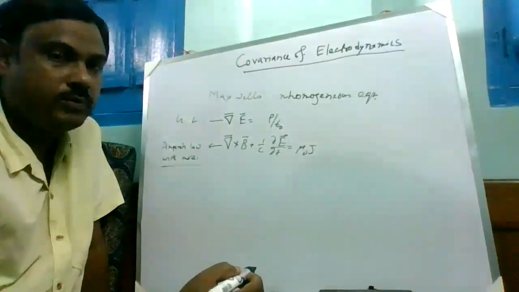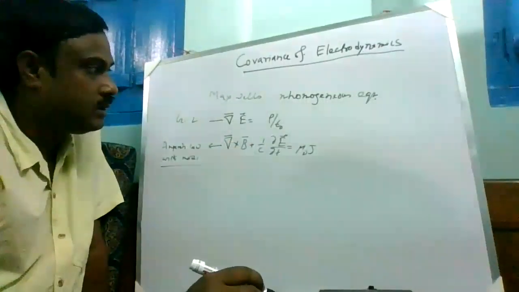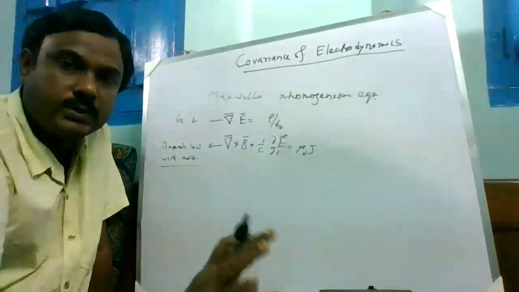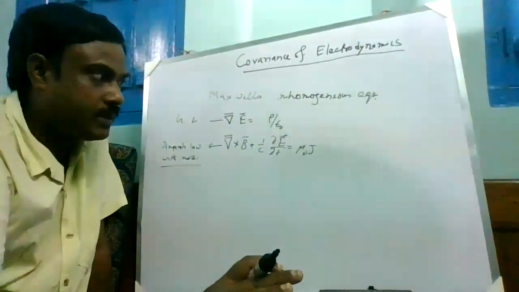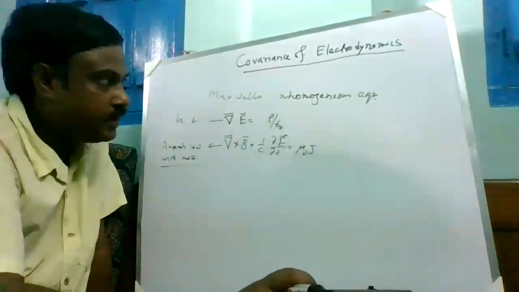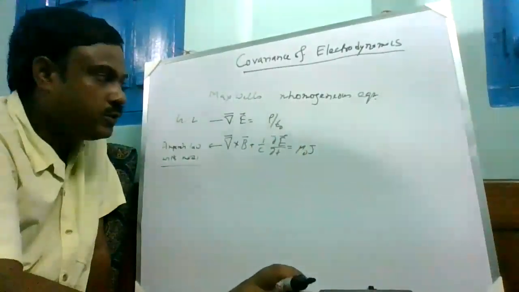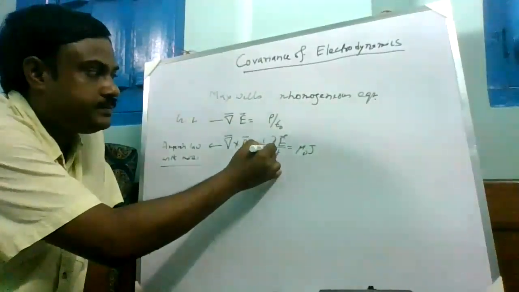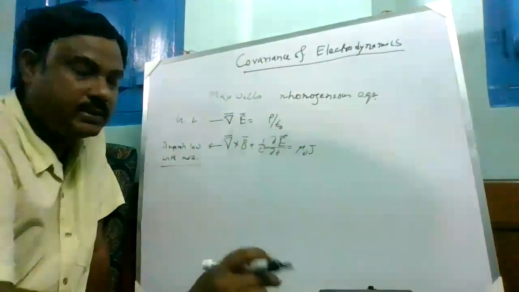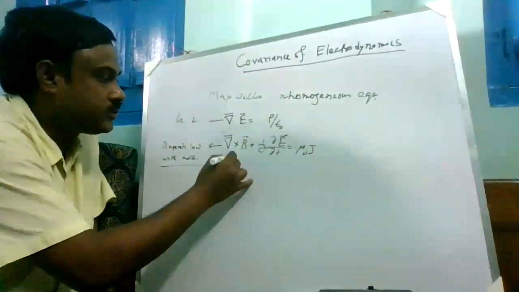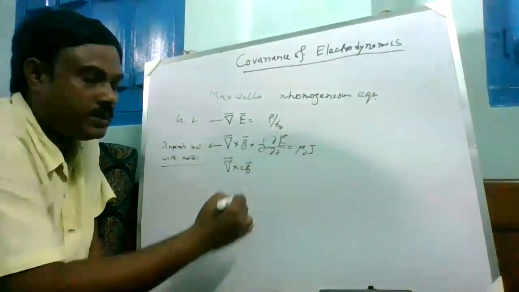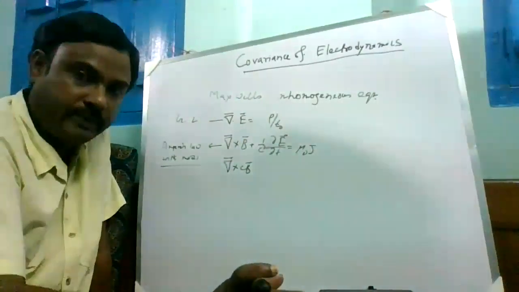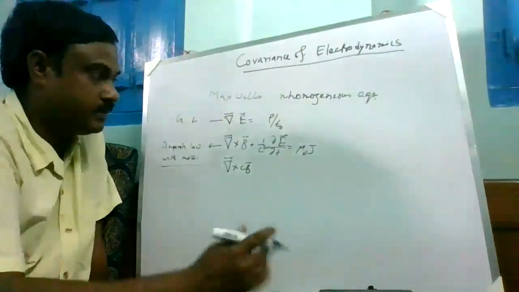Now from the first equation, you can see that rho is the 4th component of charge density or current density. But here there is also current density, but not in the same form. So we transform these equations slightly, modifying this equation to del cross of cB. You know, when the electric field and magnetic field are coming in the same footing, the magnetic field has to be multiplied with c.